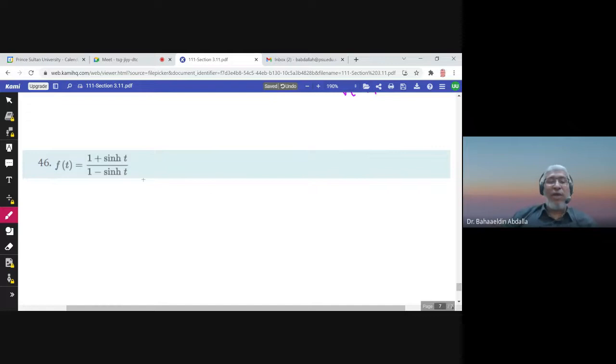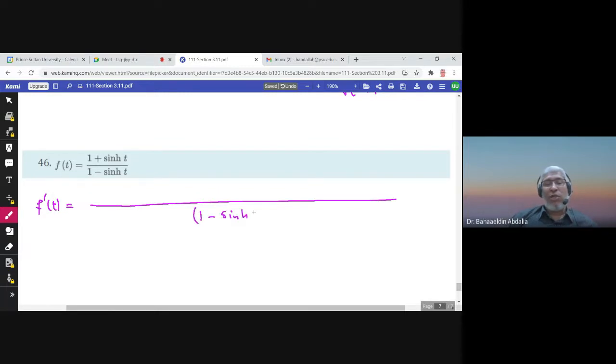Now, here I will use the quotient rule. So 1 minus sinh t to the power 2.